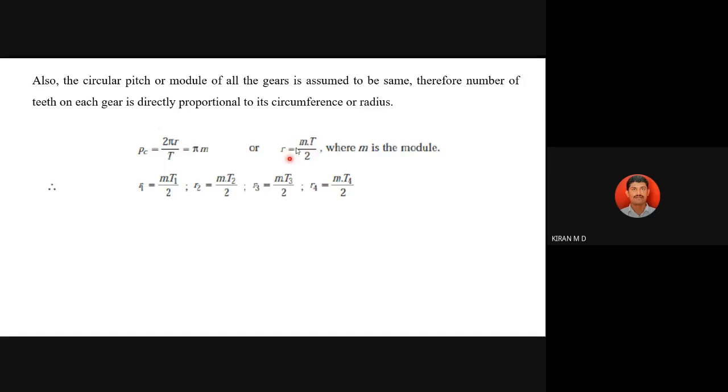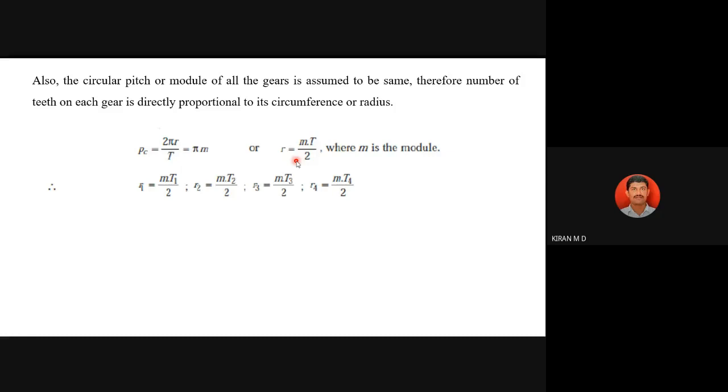So module is equal to d by t, diameter is m into t, and radius is m into t divided by 2. We know that circular pitch Pc is equal to pi d divided by t. Because we are considering radius, it becomes 2 pi r divided by t, or pi into m. So when the module is constant, circular pitch also becomes constant, and vice versa. We are going to use this concept.